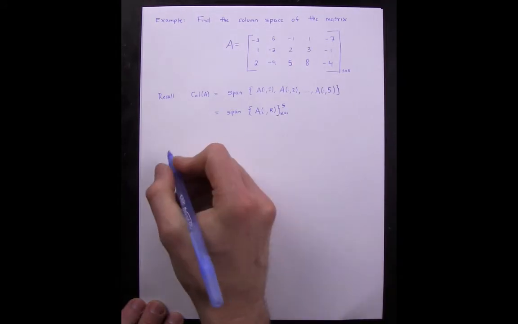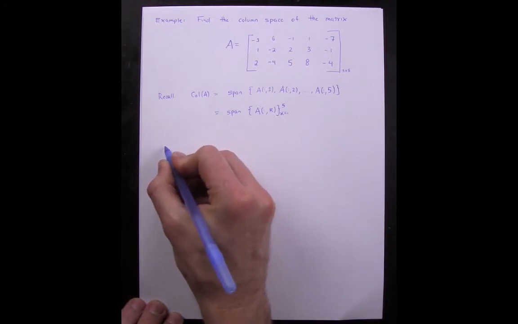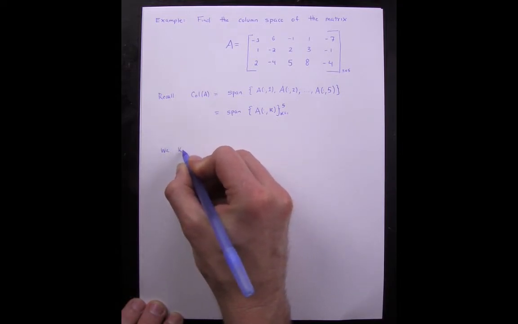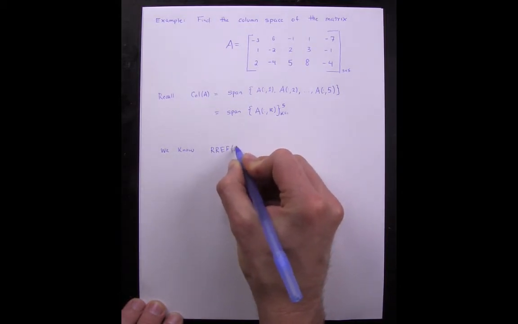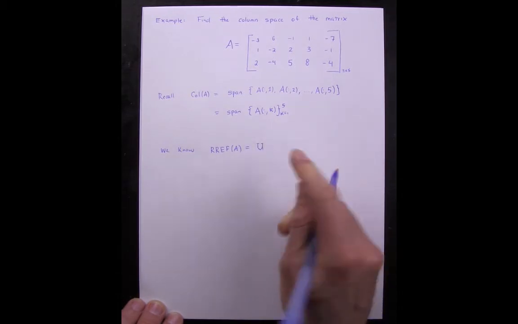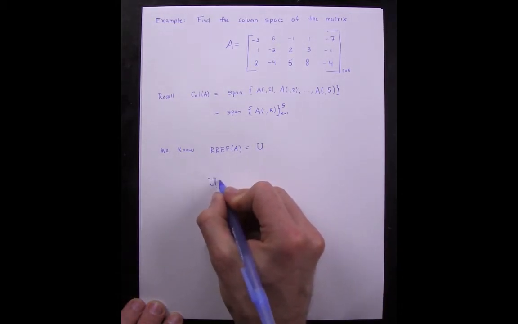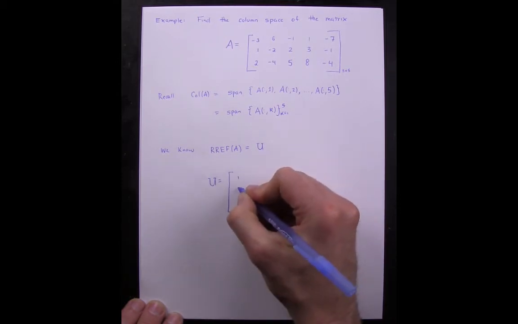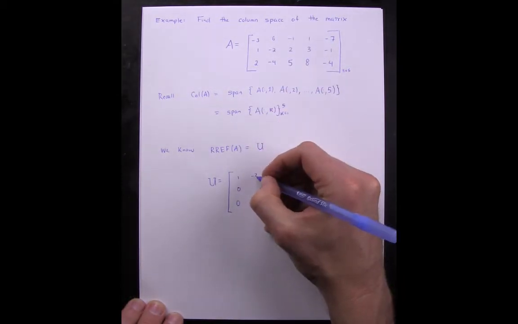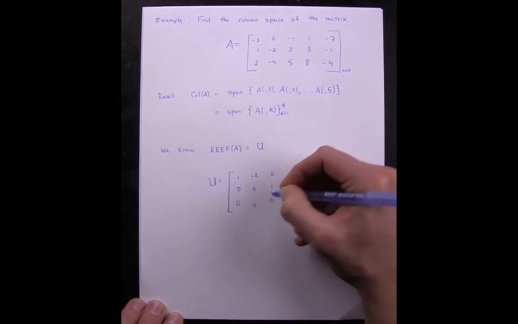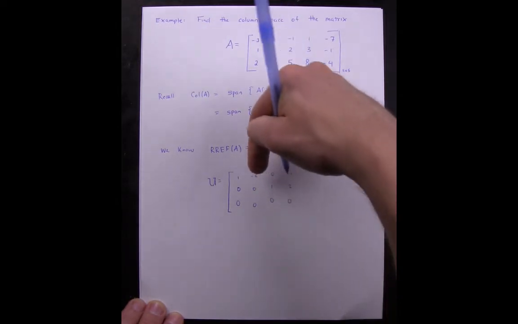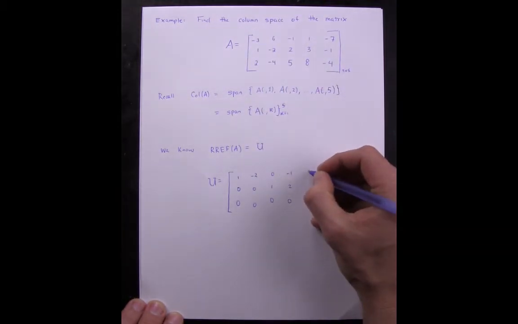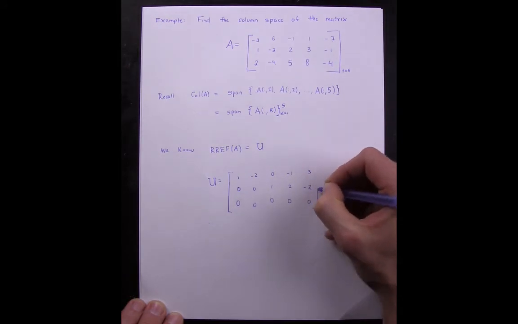Recall from previous videos that we know the RREF of this matrix is given by the matrix U, with pivot columns 1 and 3 and non-pivot columns 2, 4, and 5.